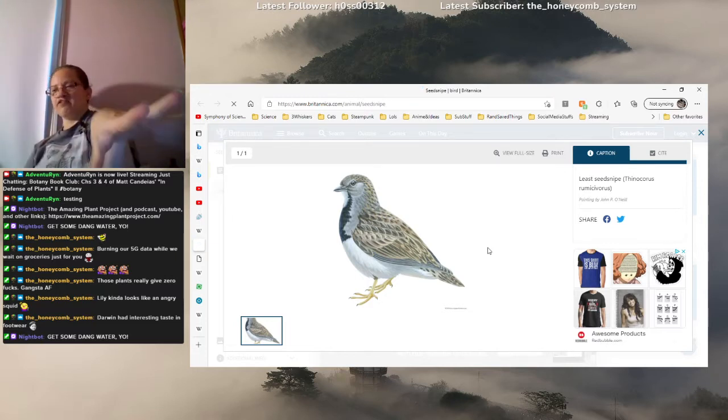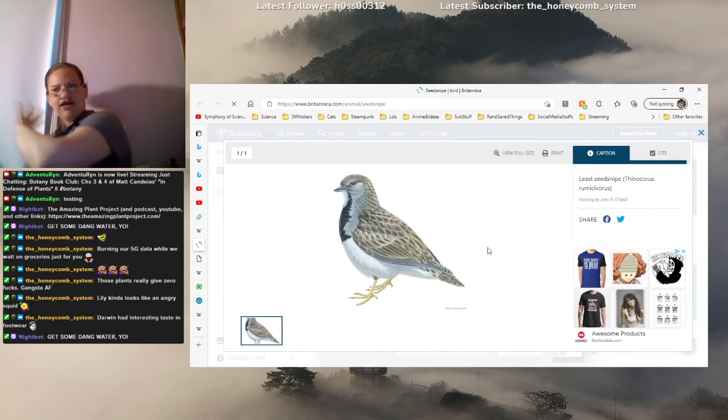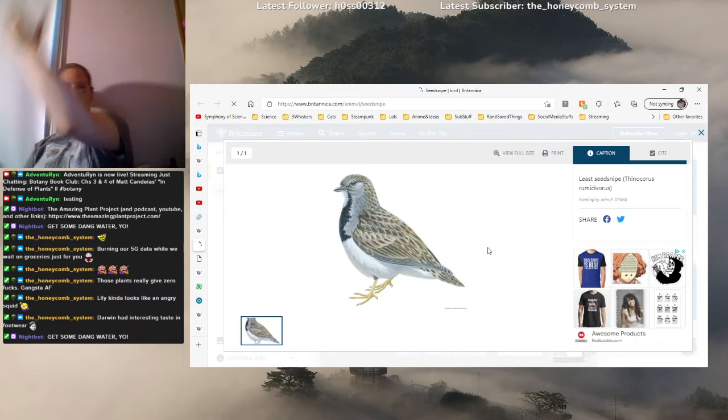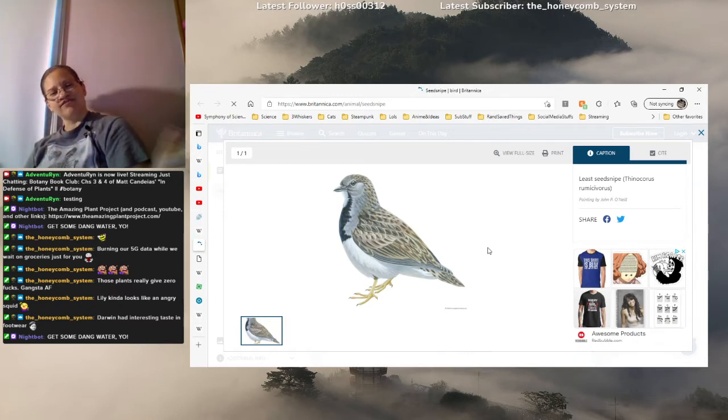And as they're going around the patch, eating a bunch of the white parts of the flower, they're spreading the pollen to different plants, thus pollinating things. Seems to work.